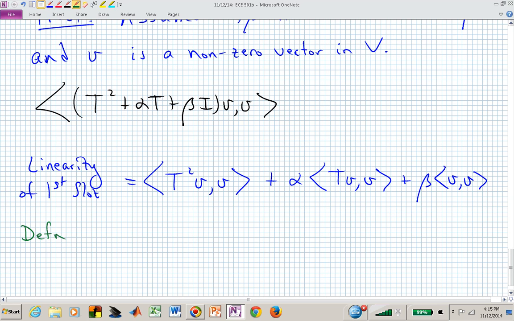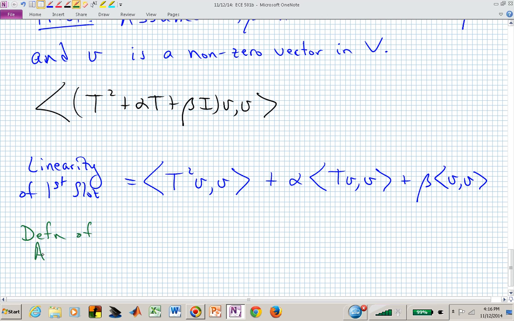Let's now use a part of that t squared and move half of it over to the second slot. So we're going to write t squared as t times t. And if we have t operating on tv, let's just move that t to the second slot. And what's that produce in the second slot?